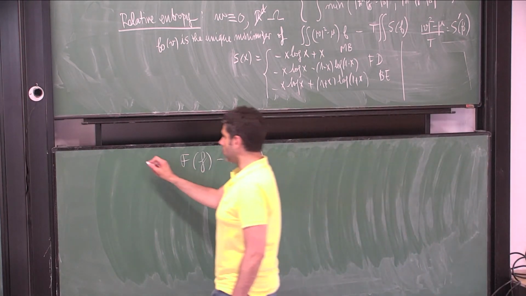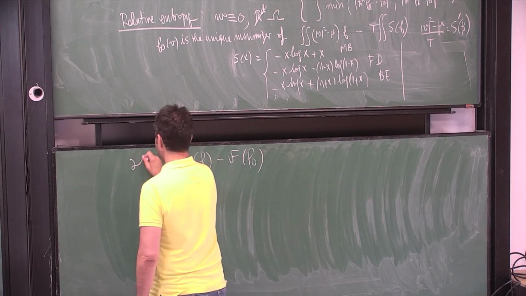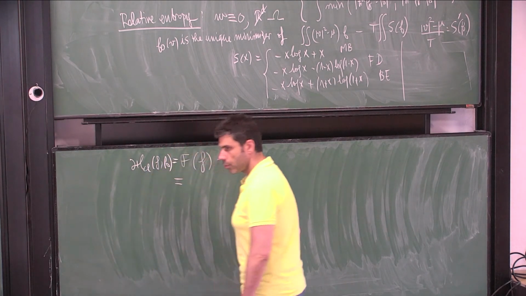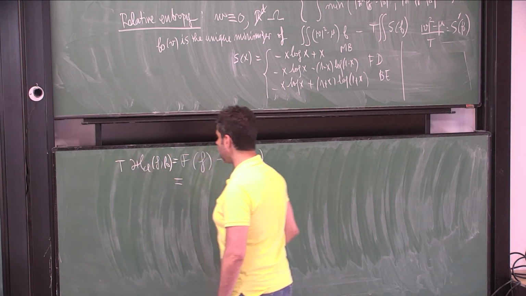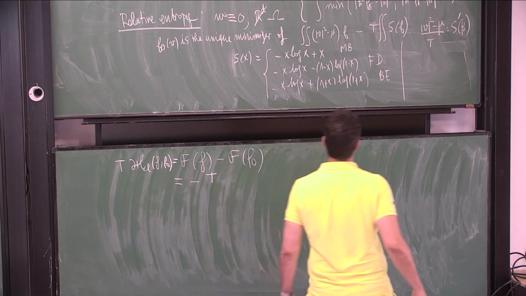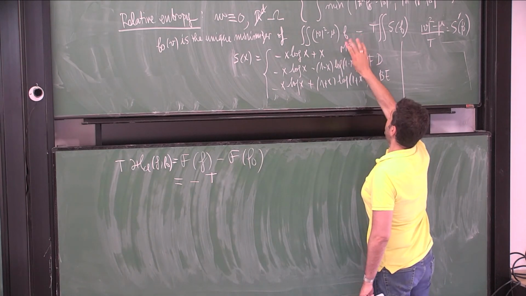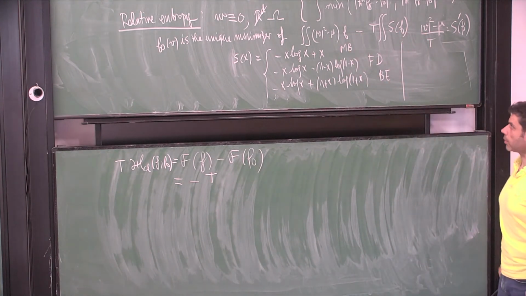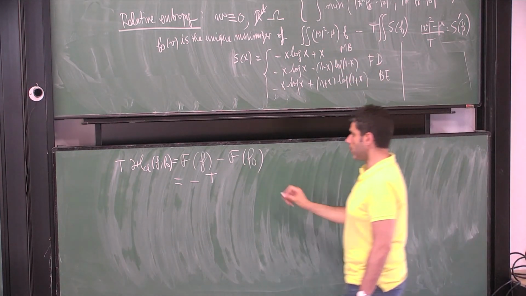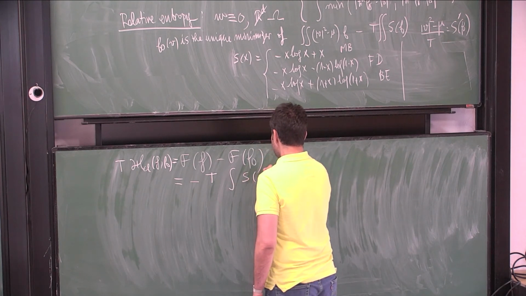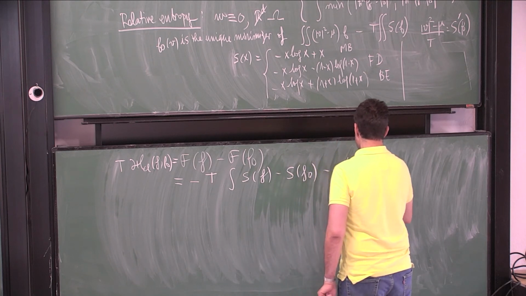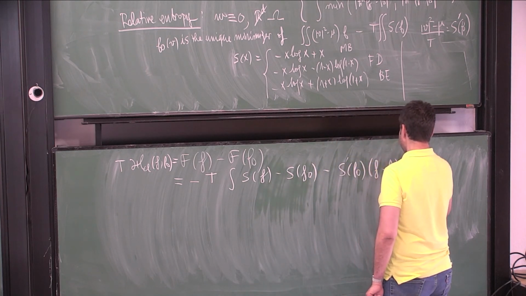Okay, and that's the definition of H classical of F0. And if you compute what it is, usually we put a T here, so let me put a T. What is it? If you do the computation, I have this minus the same for F0. Okay, but this here is S prime of F0. If I do the computation, I get S of F minus S of F0 minus S prime of F0, F minus F0.